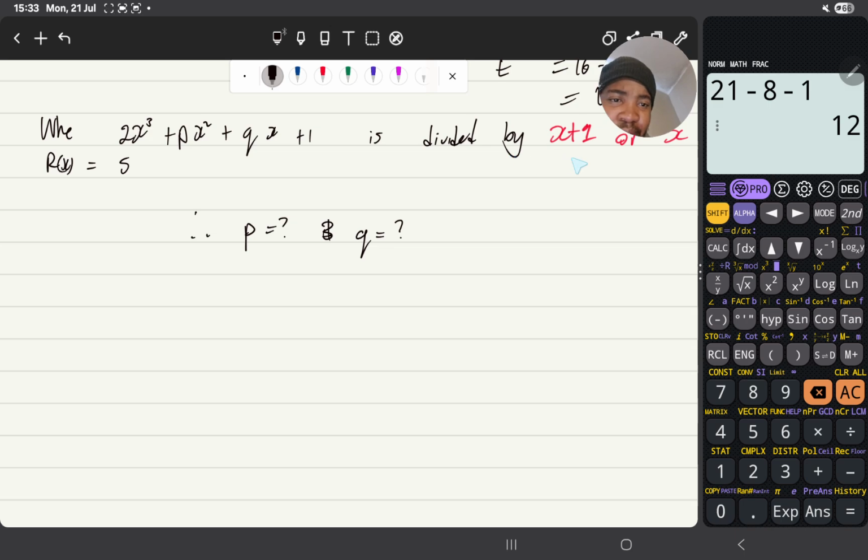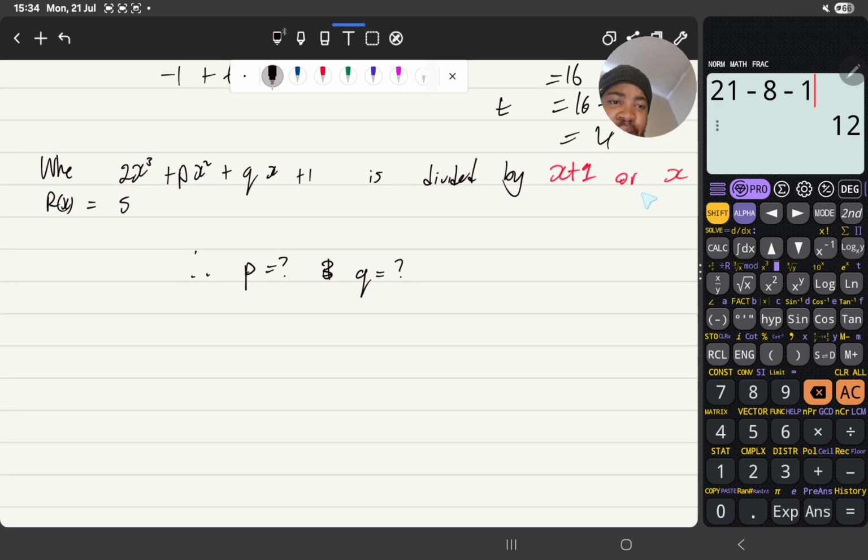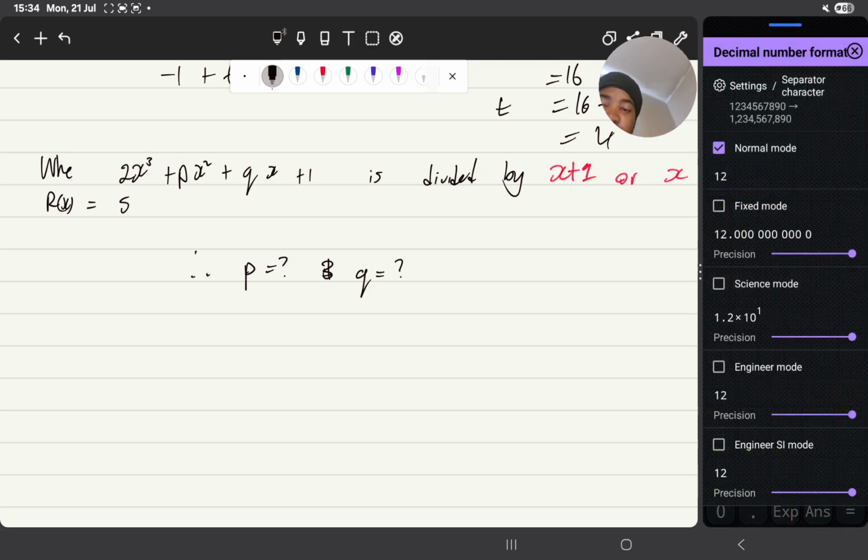So when that is divided by x plus 1, here you have p, you have q. The first thing we will do is, for x plus 1, we have x equals minus 1, and here we just have x equals 4.